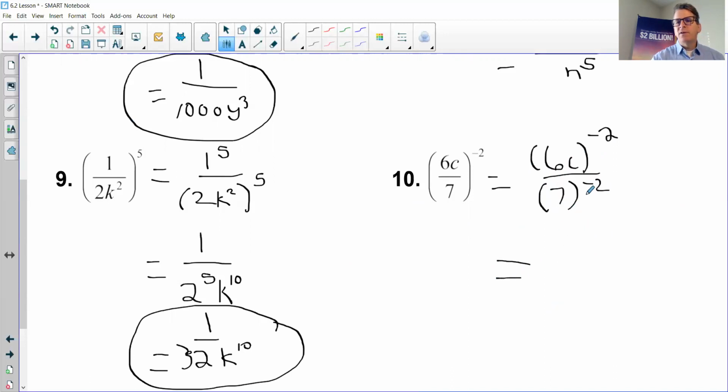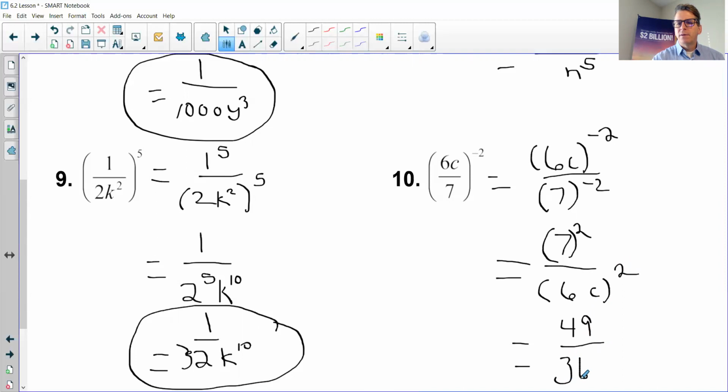So the 7 now is in the numerator position, 7 squared, and the denominator is 6c squared. So your final answer there is 49, since 7 squared is 49, over 36 c squared.